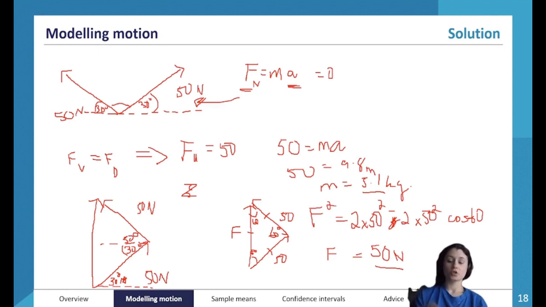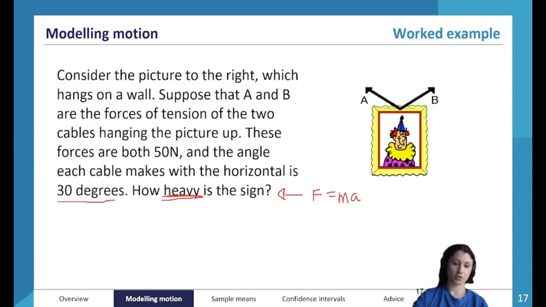Okay, so again, going back to your strategy, looking at this question, knowing what to do. As always, notice anywhere where they talk about weight, mass, anything like that, think about F equals ma and how that can come into play. Always draw a diagram. And then something else that you should be looking out for is the force due to gravity.